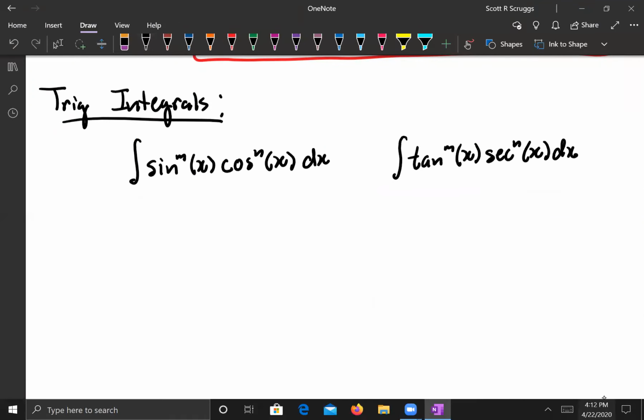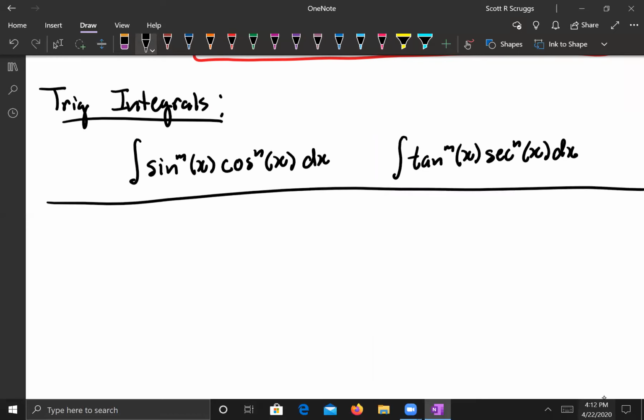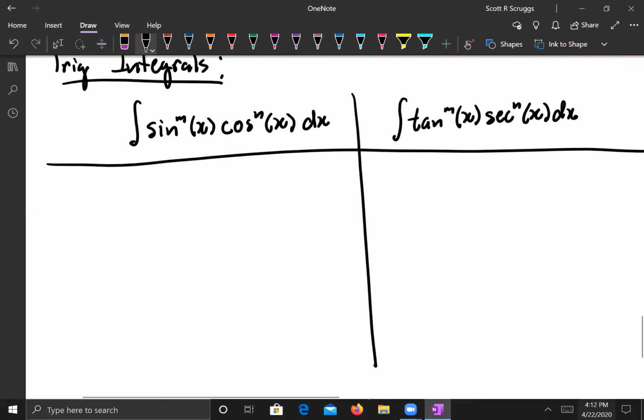Don't know if I can use the table. Let's see if I can fit all of it in each column. So let's start with sine and cosine with the 3 different powers. There are 3 things that are going to occur with a trig integral of sine and cosine. Two of them are almost the exact same, and one of them is a little bit different.